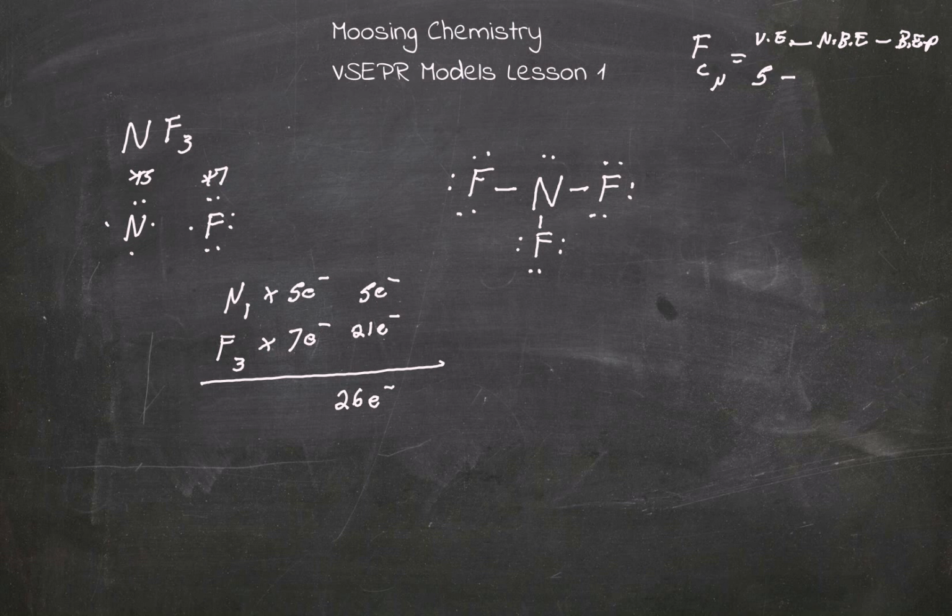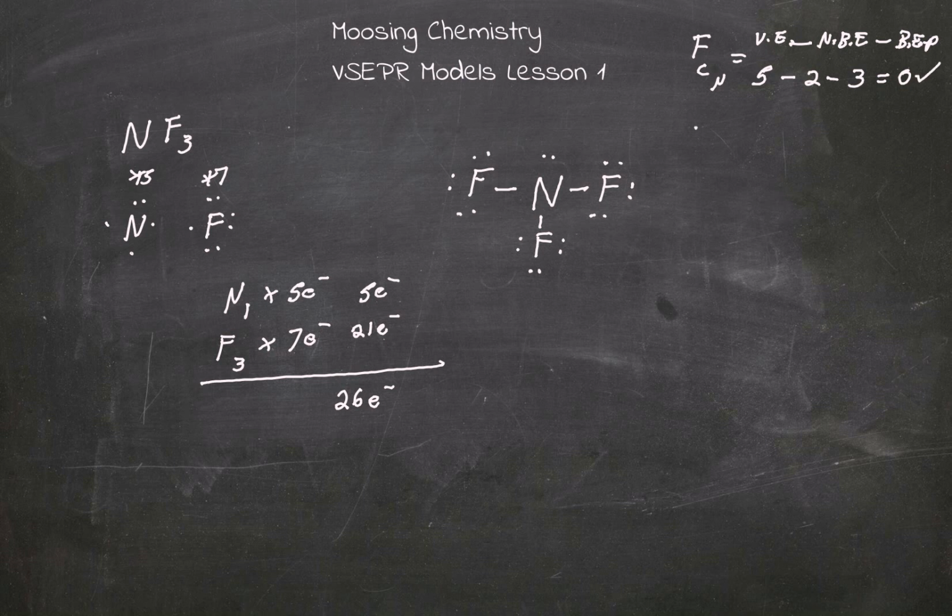Non-bonding electrons, we can see that there are 2 there. And bonding pairs, we've got 1, 2, 3 of those. So let's get rid of those numbers there real quick. And so we got 3 there, so that gives me 0. That's good. So that's working pretty good so far.